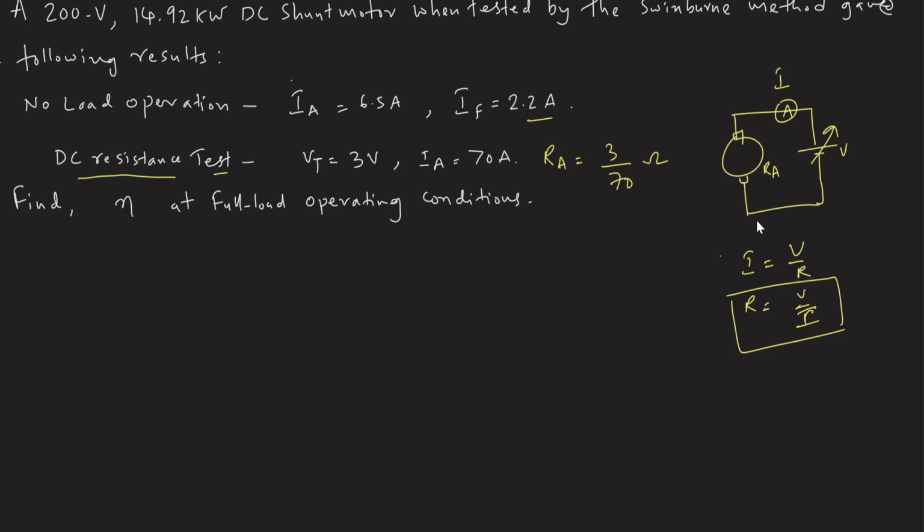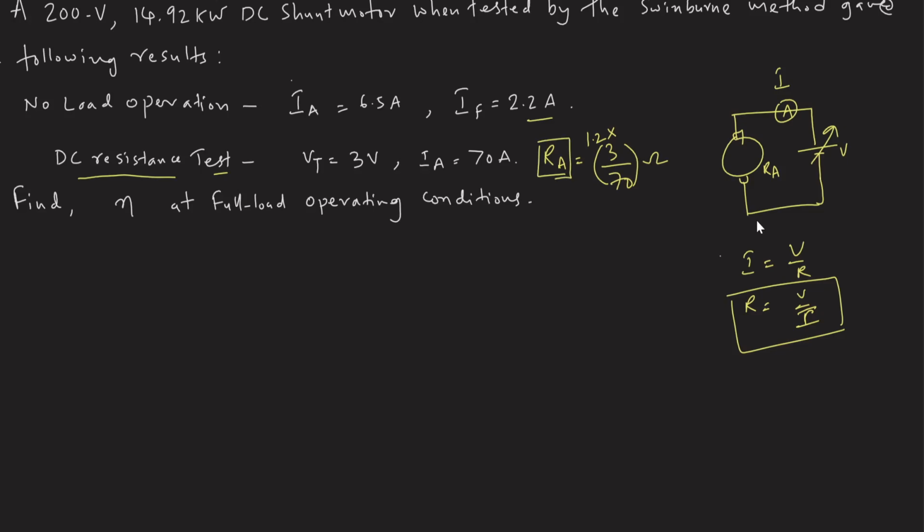Okay, and there may be some cases where if this is found at room temperature, then you will be multiplying some factor, 1.2 or 1.3, to the obtained resistance, so that the armature resistance is taken at normal operating condition.